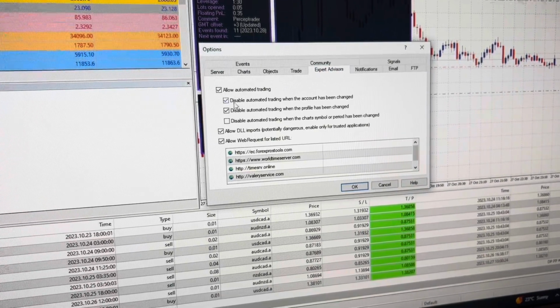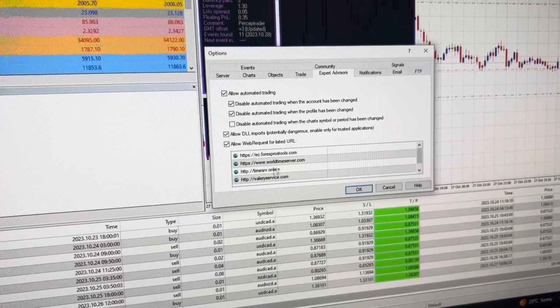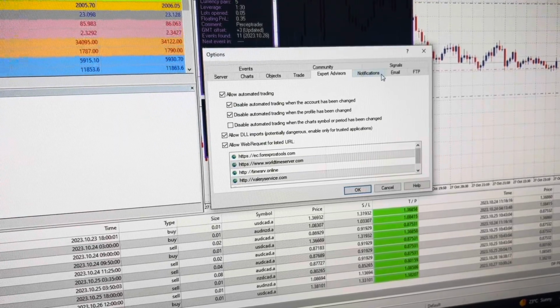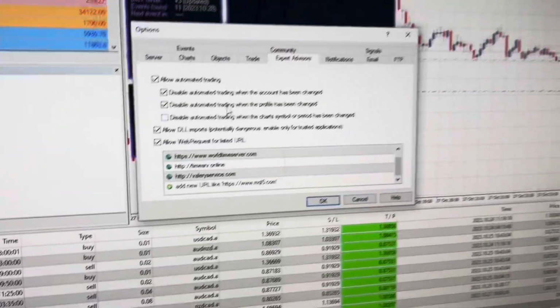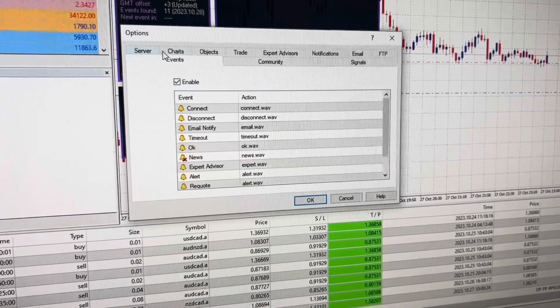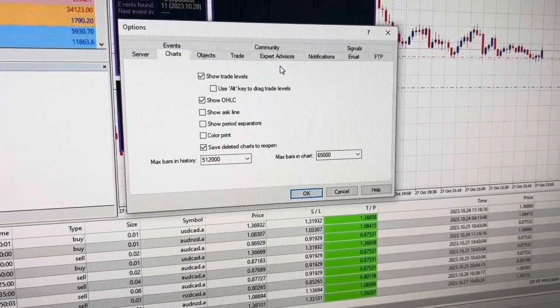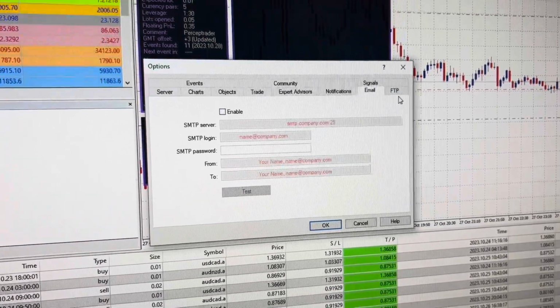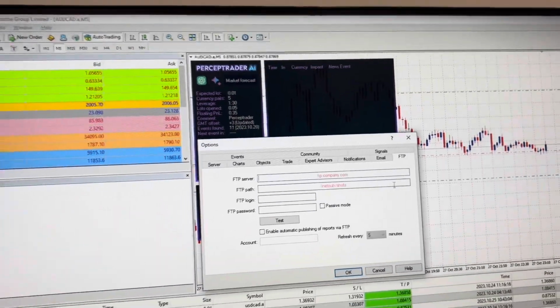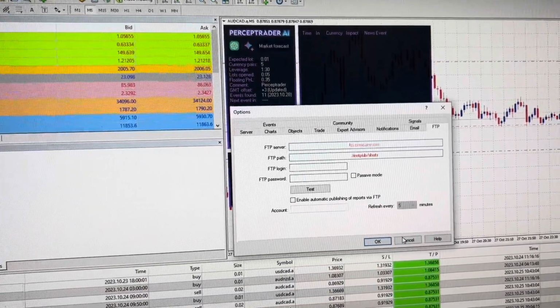You want your automated trading, and you need to add these URLs in so that it can look up these URLs. I think there's another one. So that's pretty much it.